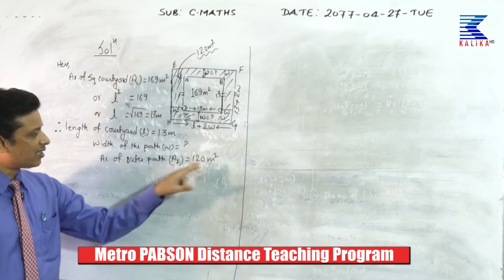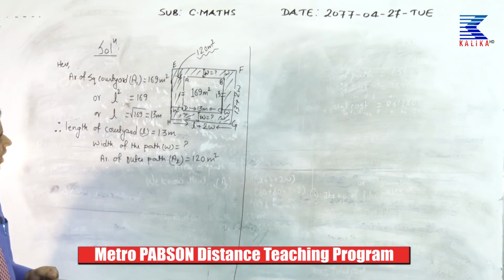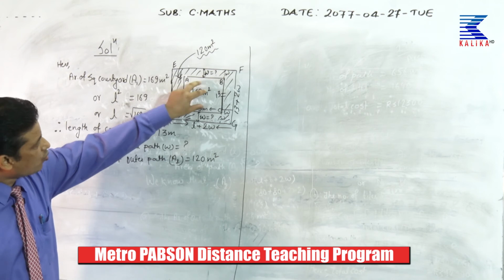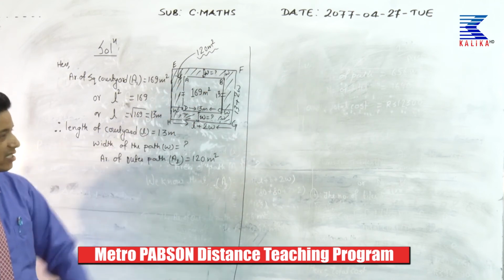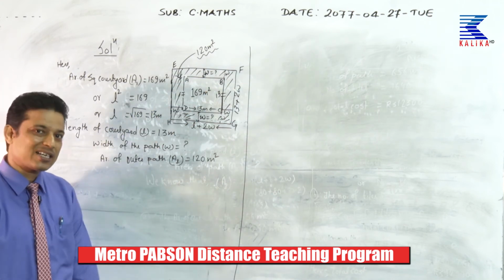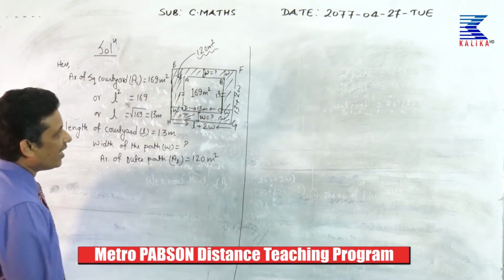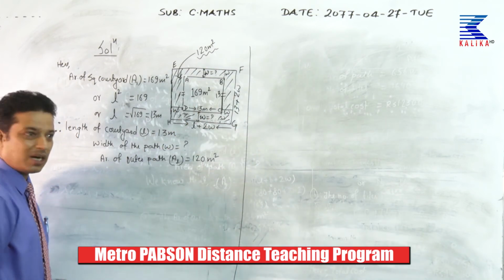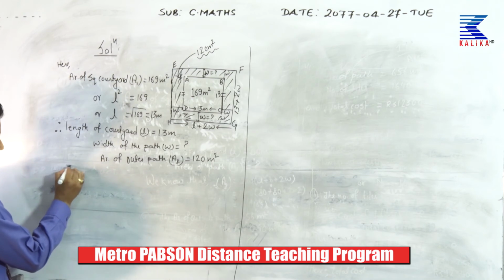Area of outer path is given 120 and area of square courtyard is given 169. So, I will ask you, dear student, if we add both of these, what will come from the figure?